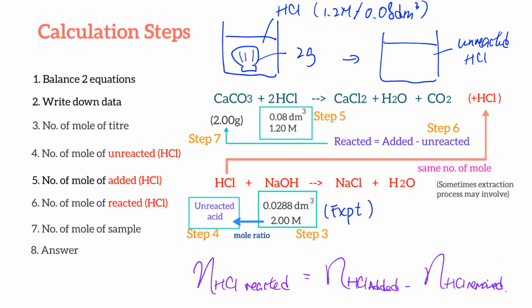By doing so, I will know how much HCl has reacted. And this reacted HCl, by using the mole ratio, I can then find out the mass of calcium carbonate that really reacted with the acid. So we can find out the number of moles of the sample, and then we can proceed to the answer. Maybe it's a little bit abstract for the whole thing, but if we practice a few more times, you'll know the steps that we're going to do.